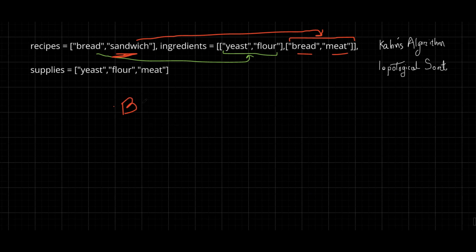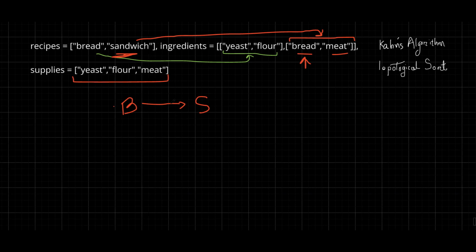That means there is a dependency. That means sandwich is basically dependent on the bread. As the ingredient bread is not present in the initial supplies, we can say that sandwich is dependent on the bread.